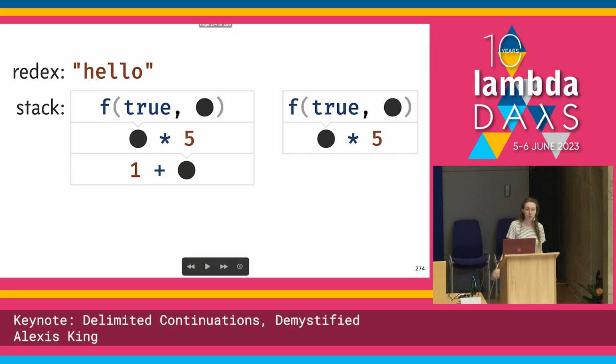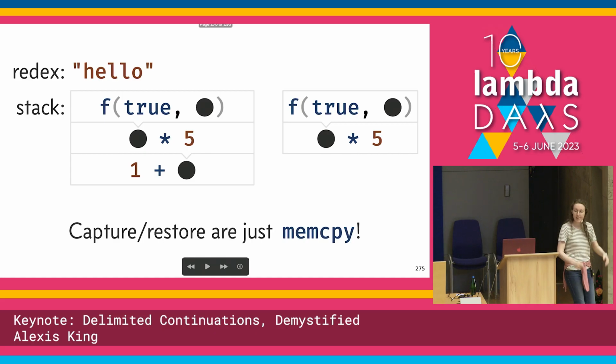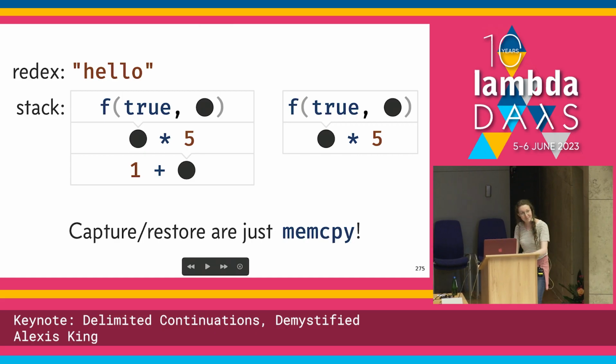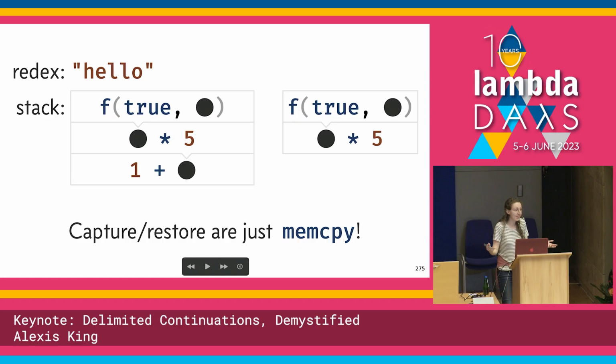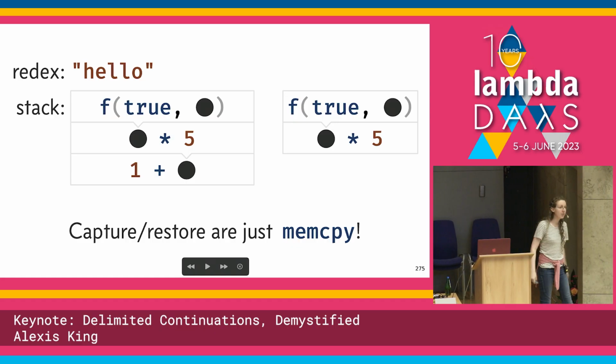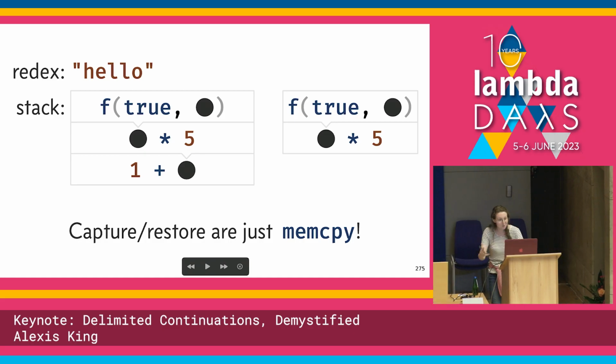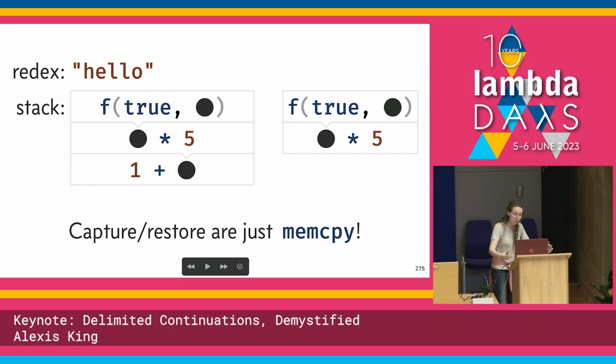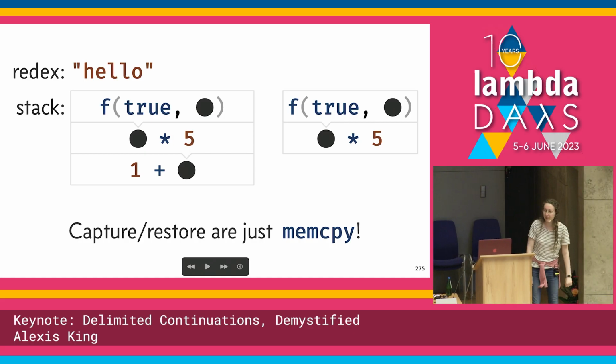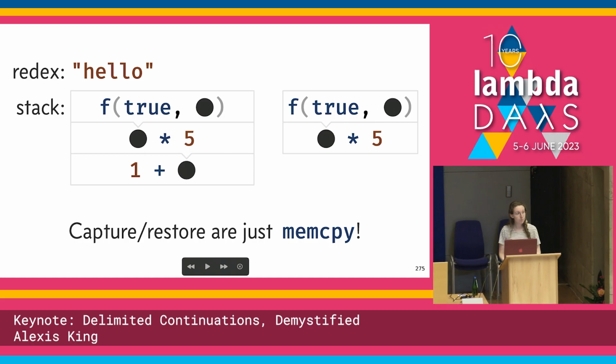And now we can resume from there. So continuation capture and restore is literally just memcopy, which is surprising because, again, this is the super high-level operation that is manipulating something that doesn't seem very close to the machine, and here we're very, very low level. We have operations for directly manipulating the call stack, and I think that's pretty neat.